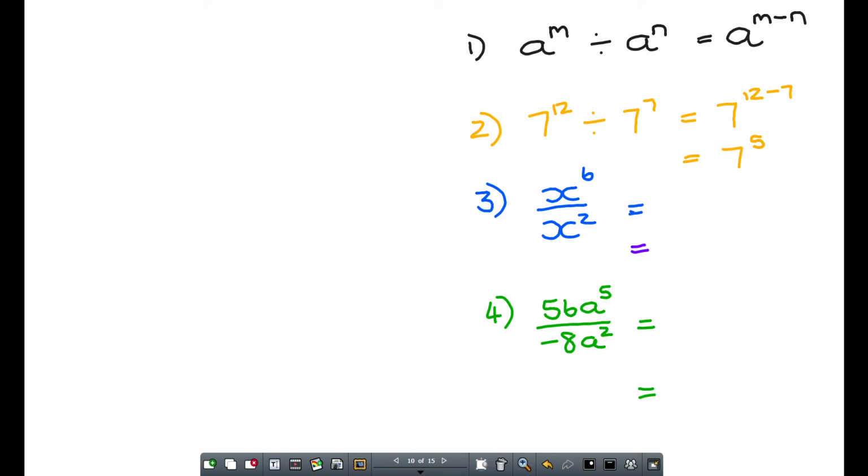So base will stay x, and we're now going to subtract exponents. And this is what I meant. We take the exponent at the top, meaning the 6, and minus the exponent at the bottom, meaning the 2. So your final answer will be? Good. X to the power of 4.